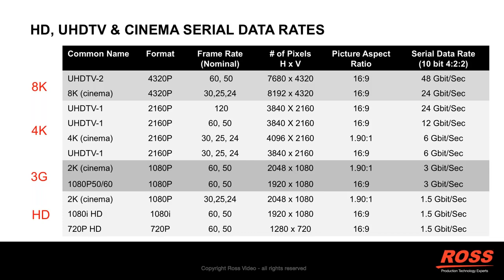So just a quick note, I'm not going to go through this slide in detail. I just wanted to point out something here, which some of you are probably very much aware of, but when we're talking about the new formats and the higher resolution formats, the data rates look kind of interesting, perhaps even scary in some cases. So of course, standard HD that we're used to, 1080i, is 1.5 gigabits.